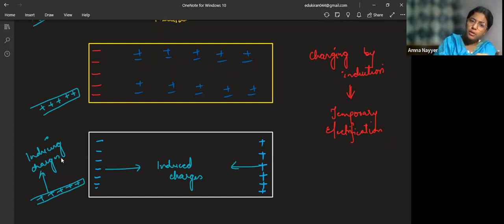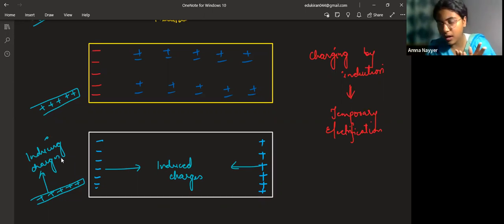So the phenomenon of the separation of the neutral charges, or the phenomenon of the charges becoming induced through the aid of inducing charge, is known as induction. Temporary electrification can also be used as a synonym for charging by induction, or directly you can use the term charging by induction.